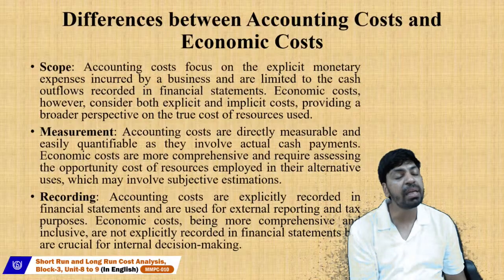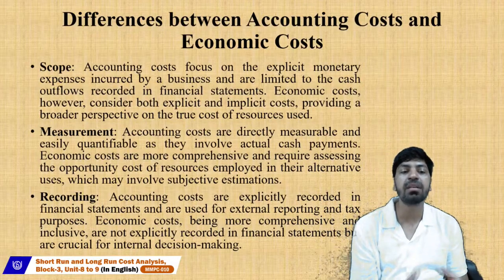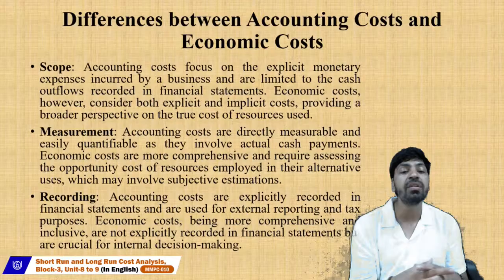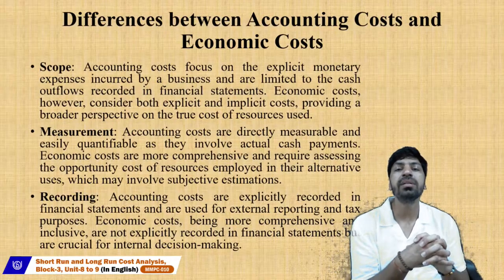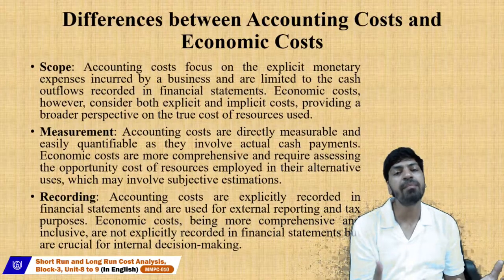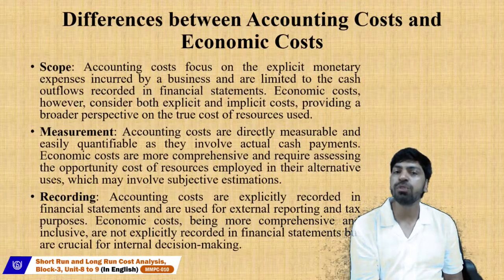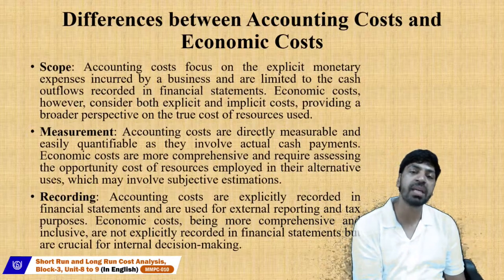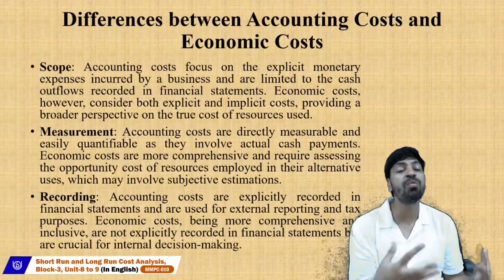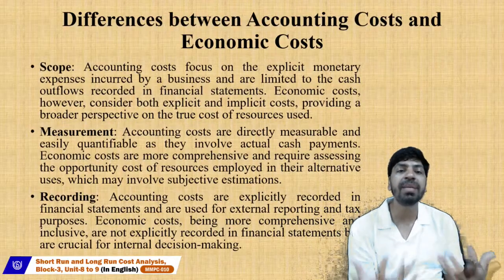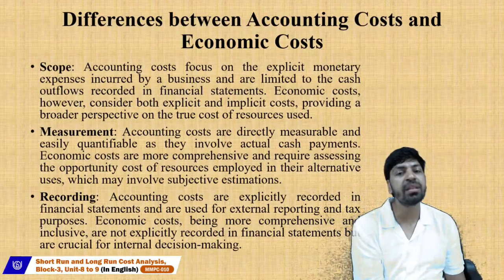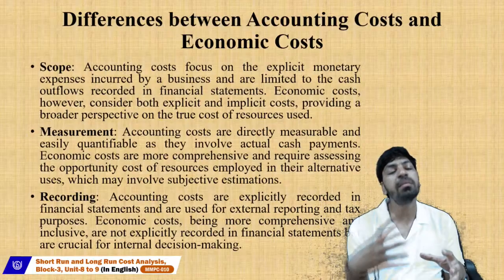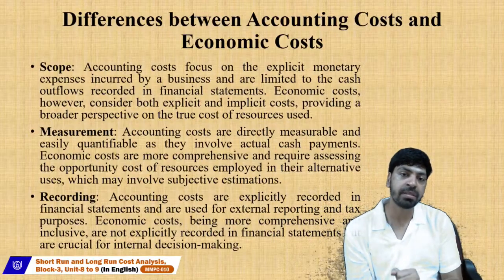But economic costs are more comprehensive and more inclusive, which is very difficult to record or measure and show in the financial statements of the business because it is more crucial for internal decision making, because opportunity cost always looks up to the best alternative for its own organization rather than focusing on getting the benefits from others.